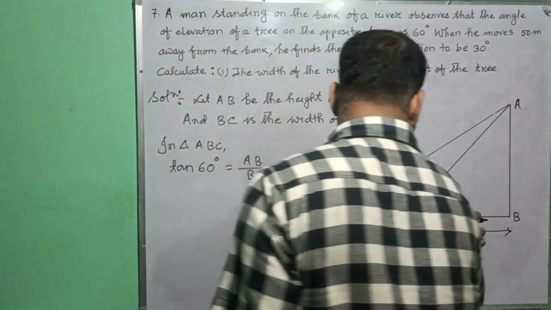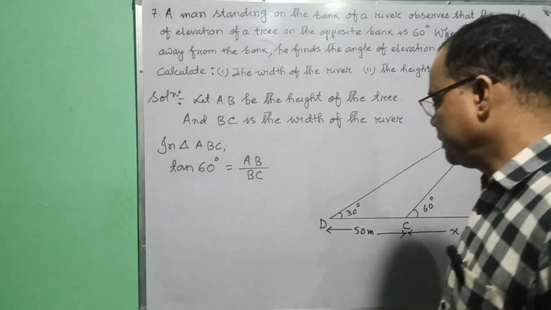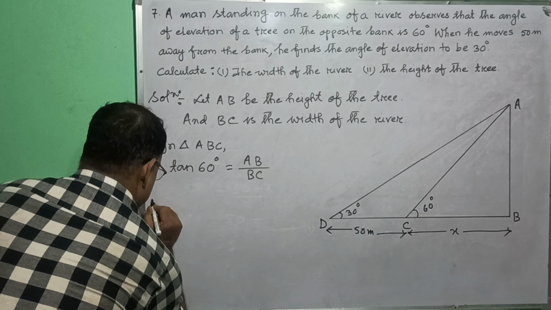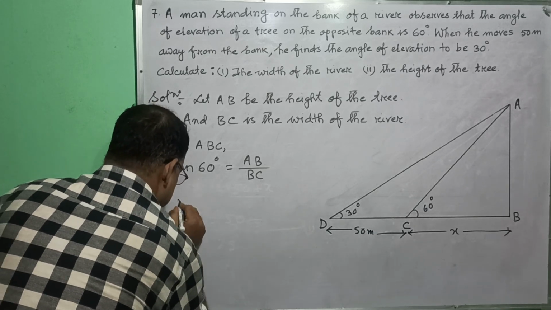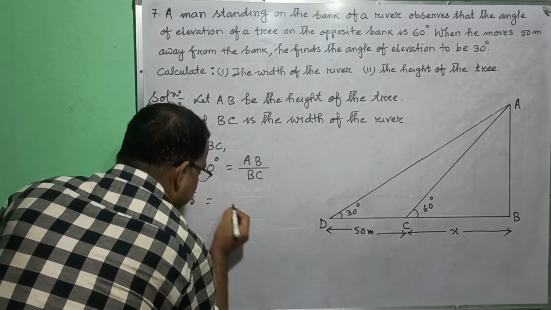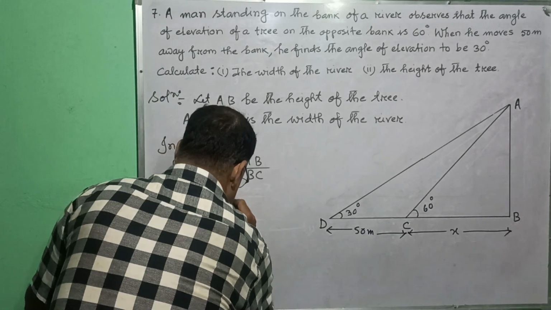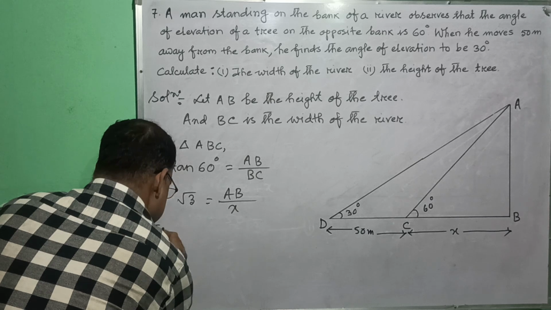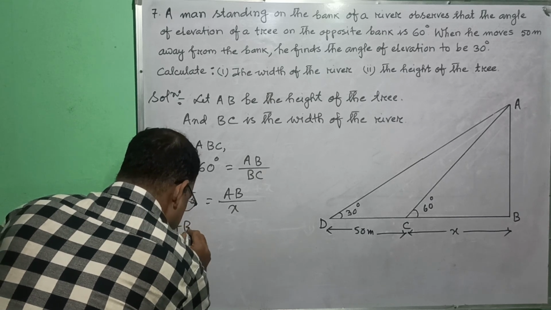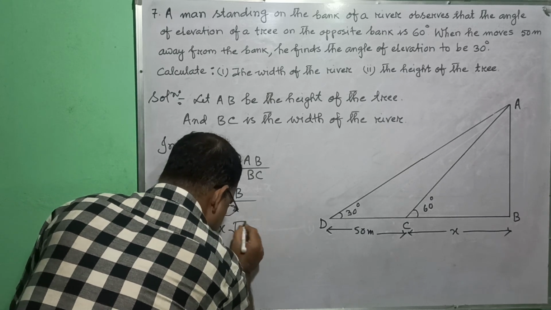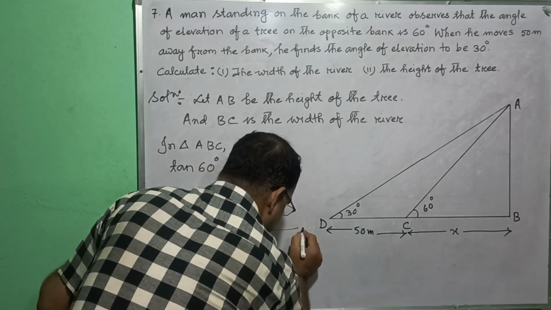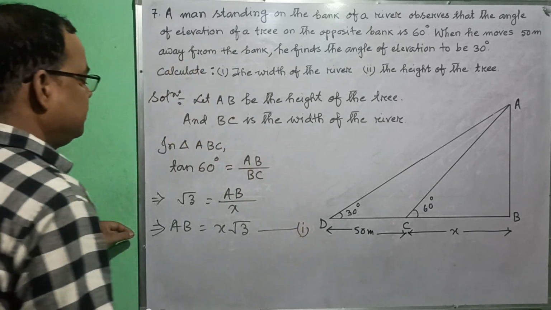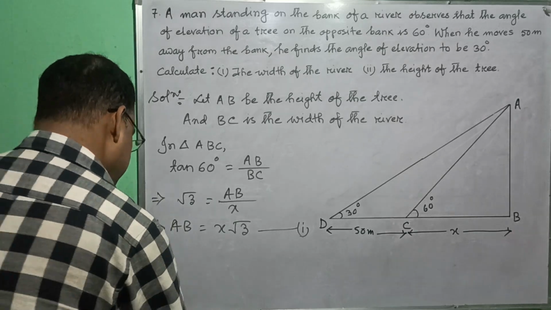Here I represent the width of the river as x, so we can replace it. This implies tan 60 equals root 3. So root 3 equals AB by BC, where BC equals x. This implies AB equals x root 3. Let it be equation number 1. So it is x root 3.